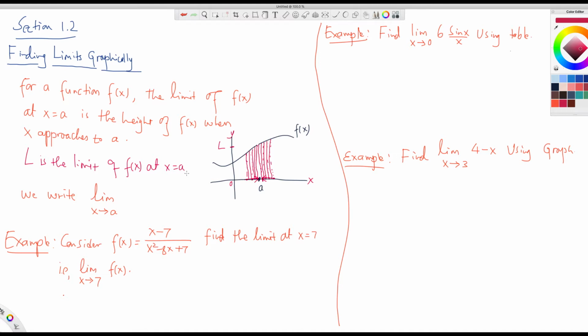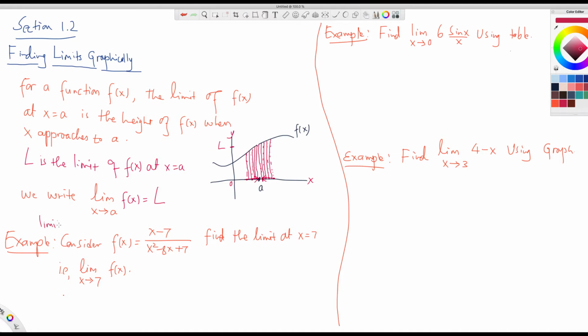Now, how do I write this? The notation for the limit is lim, x tends to A, f(x) equals L. This is how we write it. How do we read it?